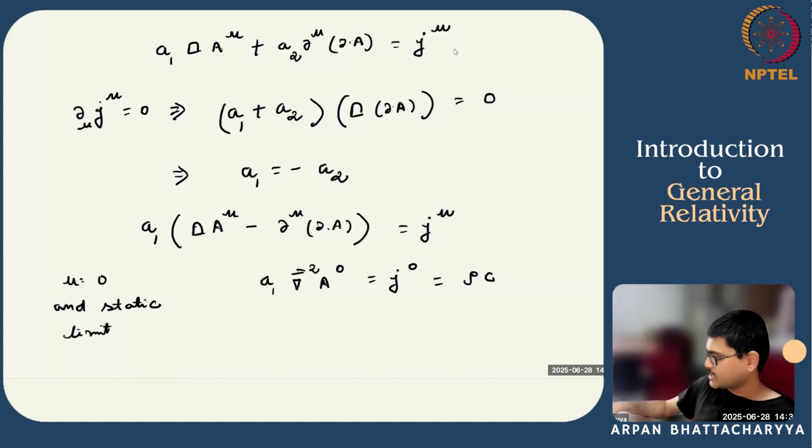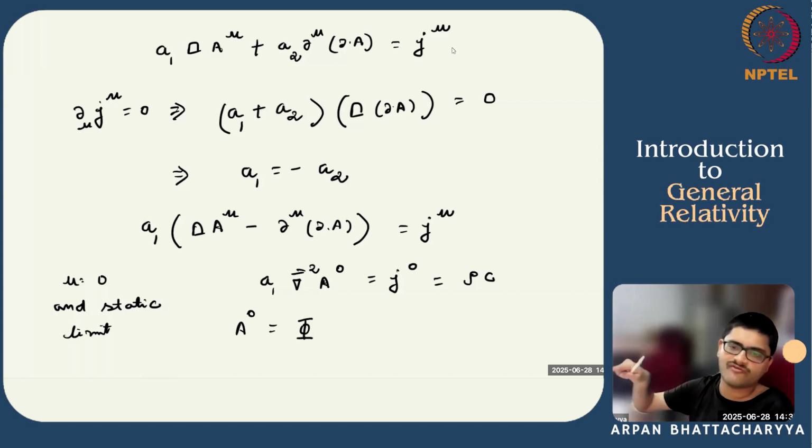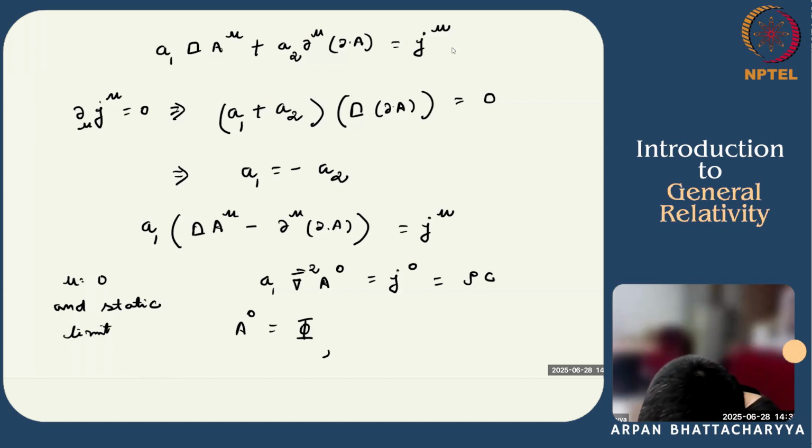But in this limit, we expect that we should recover our Poisson equation for electrostatics. If you compare with that, so A0 with this electrostatic potential phi, we must have minus del squared phi is equal to rho. And A1 in that case will be minus c to recover the Poisson equation.